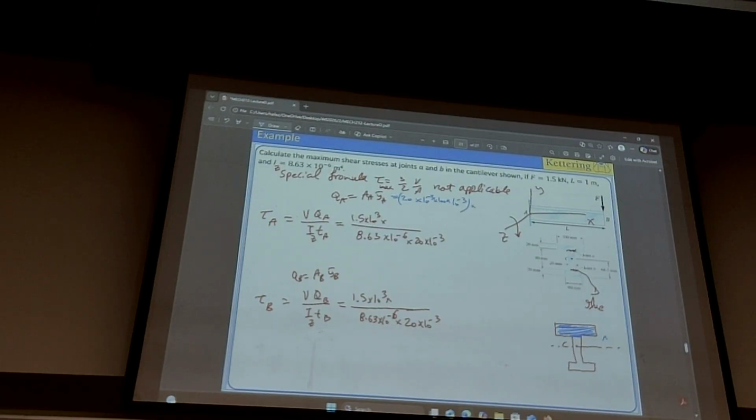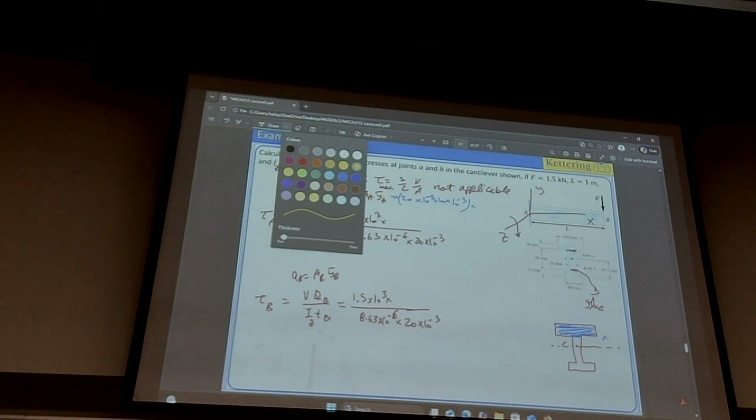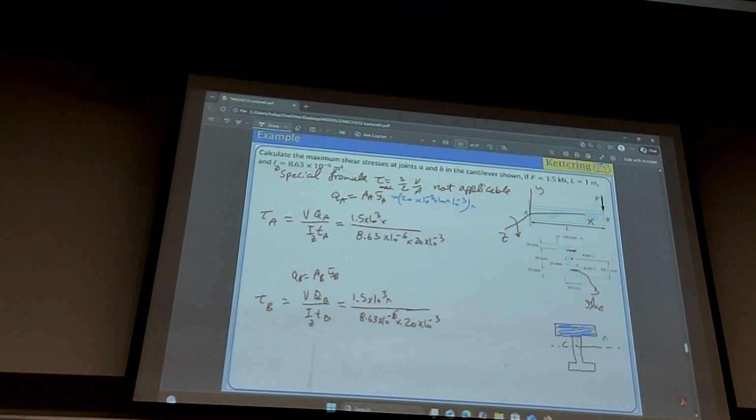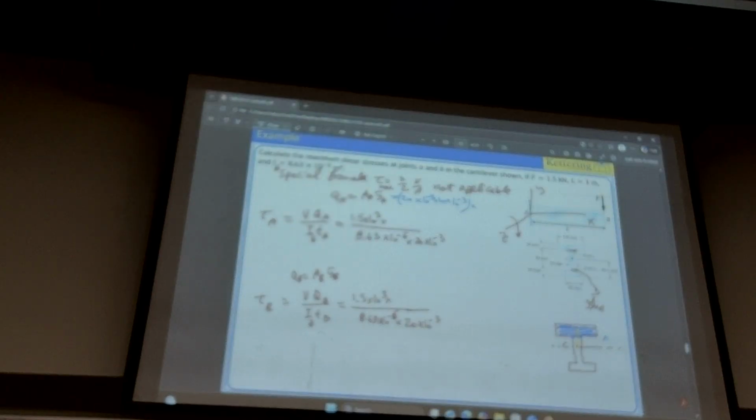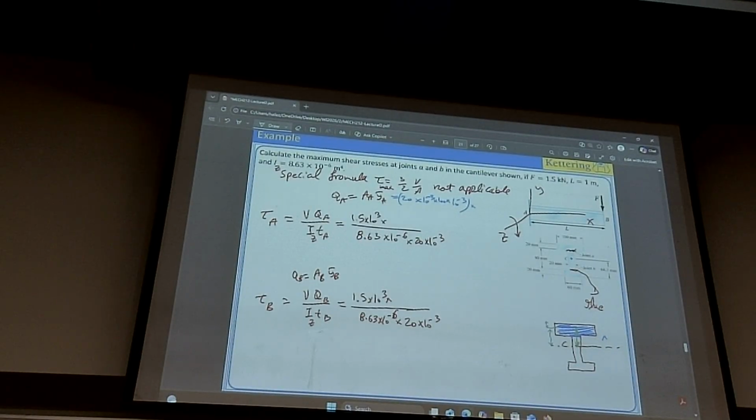Y bar A, let me switch to another color. So the centroid is here, that's the length. Green, this is this. And then by inspection, we have to really figure out this length. We know that this little thing in the middle is 10 millimeters.